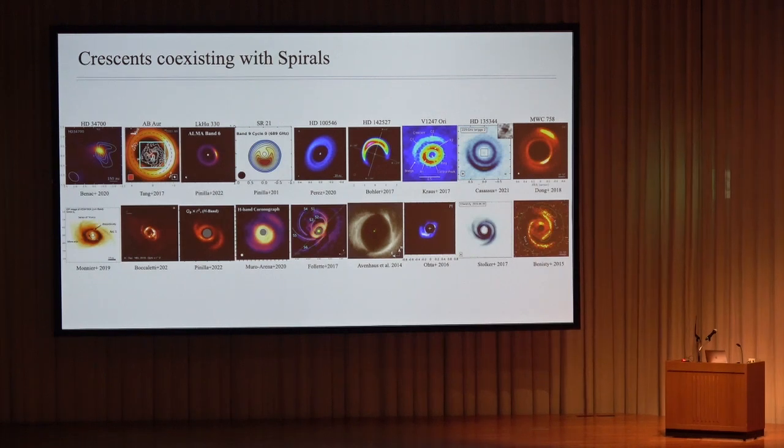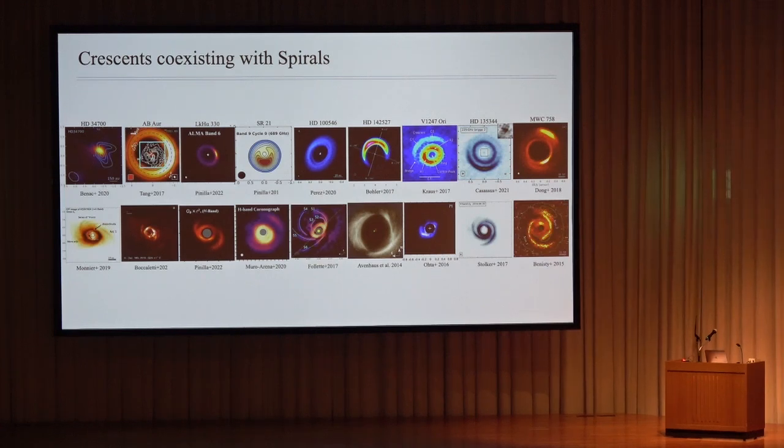For example, I know the width of the rings is important, the pitch angle of the spiral arms, the extent of the crescent structures, but how do we quantify those? It strikes me that a lot of them are sensitive to what our resolution is. So how did you in the chapter identify features? Was it qualitative or quantitative?